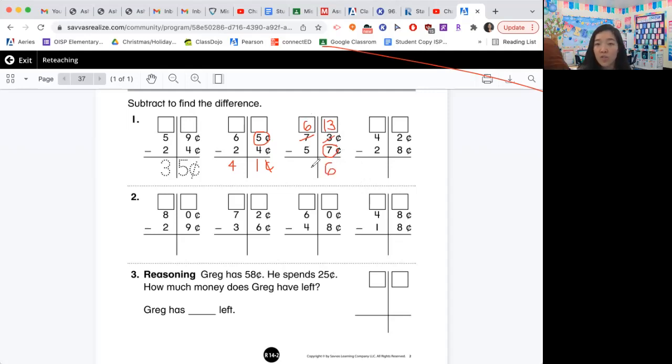Now 6 minus 5. What is 6 minus 5? 1. Very good. So what is your final answer with the cent symbol? 16 cents. Very good.